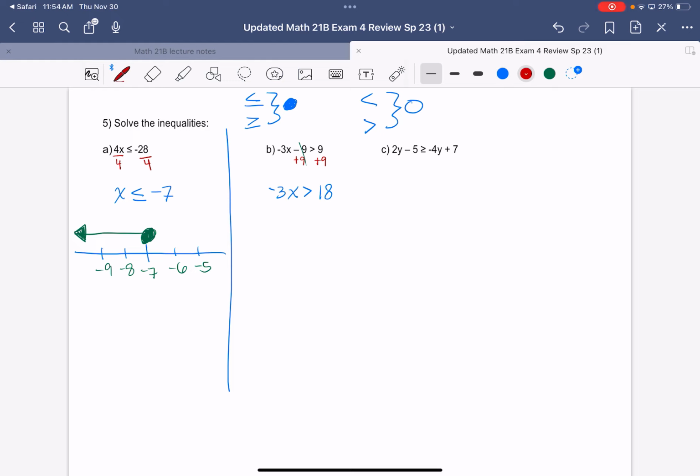To get x alone, we divide both sides by negative 3. So x is less than negative 6. We have an inequality sign change because we're dividing both sides by a negative number.